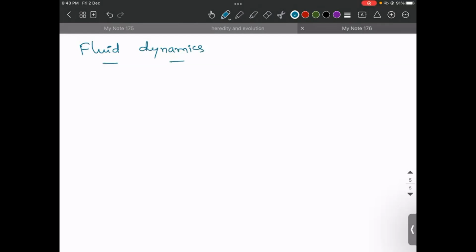Okay, so when I talk about fluid dynamics, first we will try to understand the term called viscosity. So viscosity is basically friction in fluids, especially liquids.